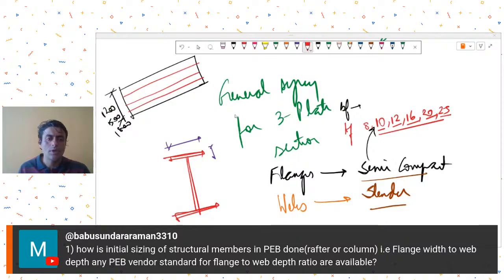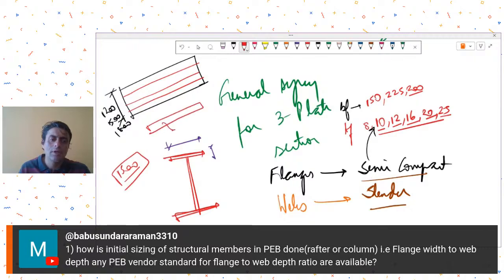You understood? So by that I mean that, let's say if you are getting a plate width of 1500 from the market, just to take an example, maybe you would look at flange widths of 150, or maybe 225, or maybe 200. So in 200 you will be able to get 7 full pieces and one piece of 100 will be left. Now this you may use as a stiffener or somewhere else.